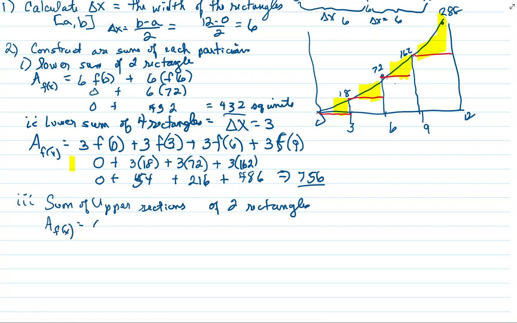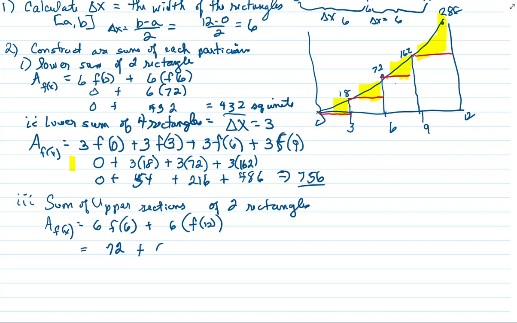And again, this is 6. Our delta is still 6. All right. So on 6 times our f of 6, we had 72.